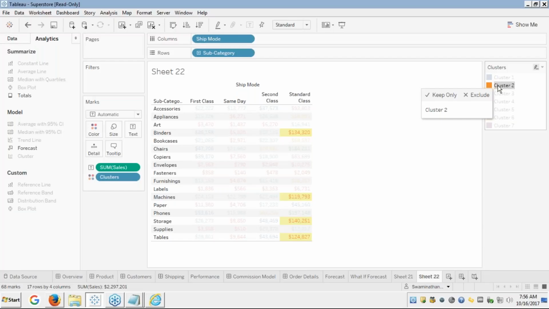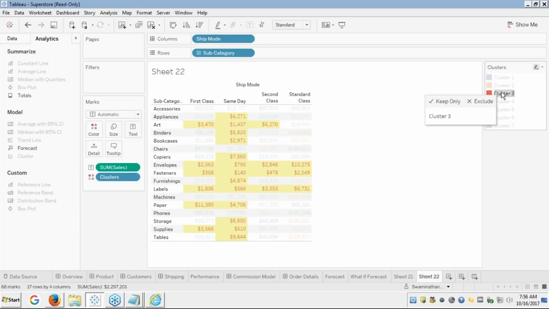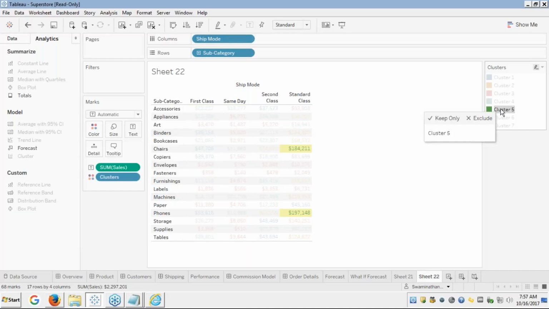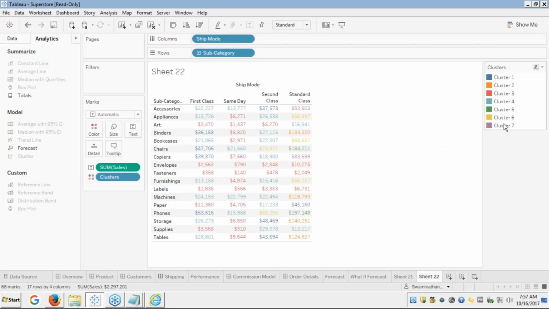Here in standard class, these are the items which I can group based on the sales. And this is going to be my cluster 3, which is items with sales less than 10,000 or 11,000. So based on sales, my clusters are being created here. Each cluster is created based on the commonalities we just discussed some time before, and it is finding some trends and patterns in this data.